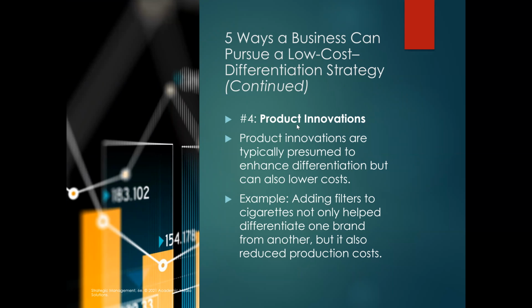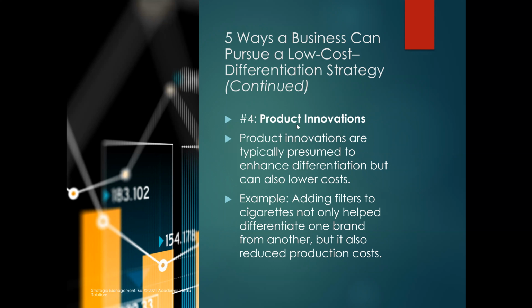Number four is through product innovation. Product innovation is usually presumed to enhance differentiation, but at the same time, it can also result in low cost. If you are able to figure out a way to assemble your product with, for example, fewer components, then you ultimately would be able to reduce the cost of production.